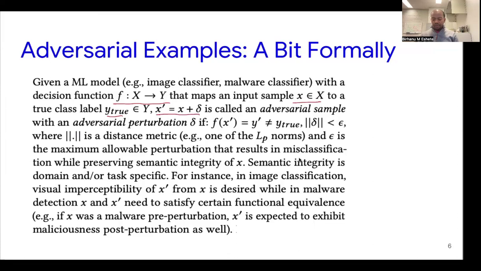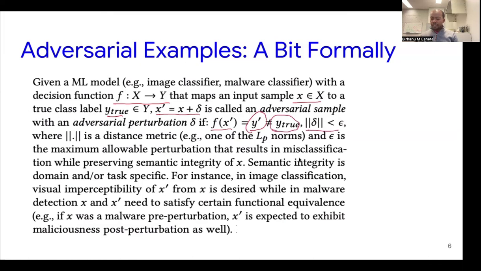Now, when this happens, we want to ensure that for the adversarial perturbation to be successful, or for the adversarial example to fool the model, when the model is queried on X prime, the adversarial example, it should give us Y prime, and this Y prime should be different from the original label Y true.